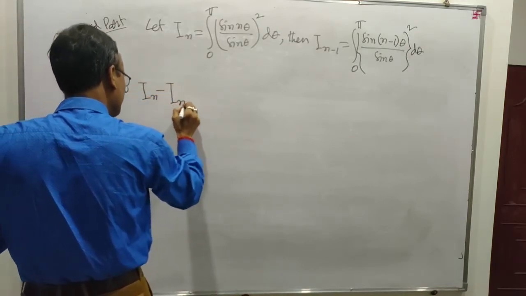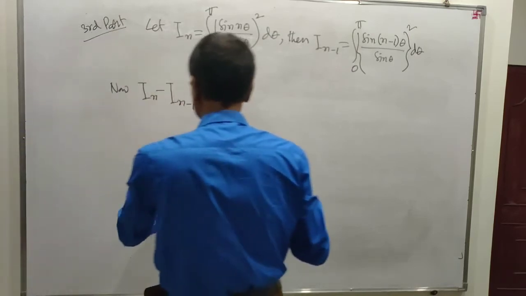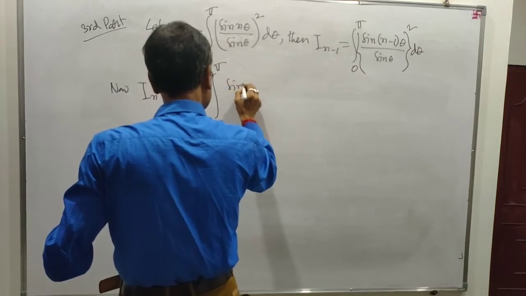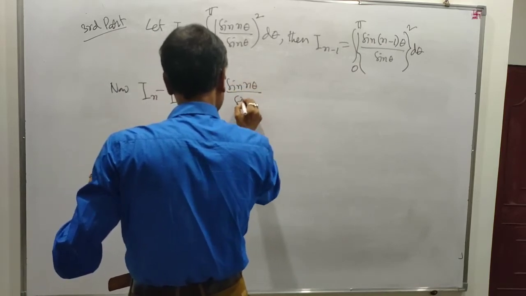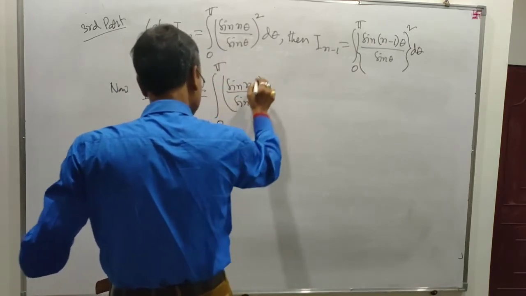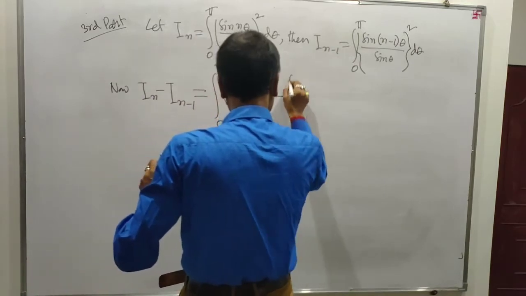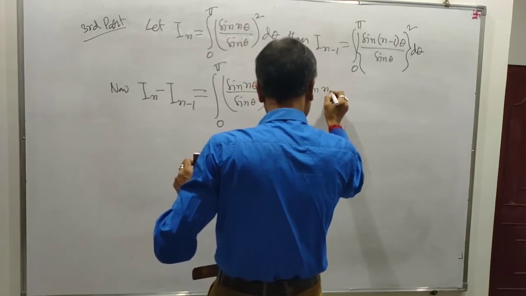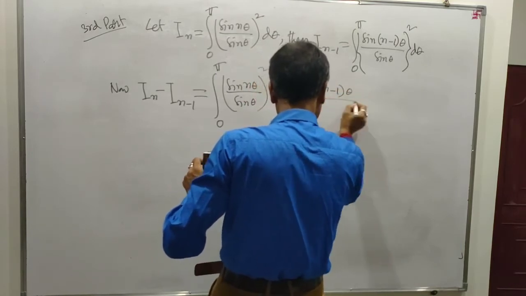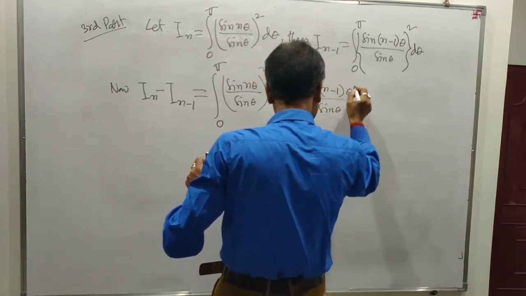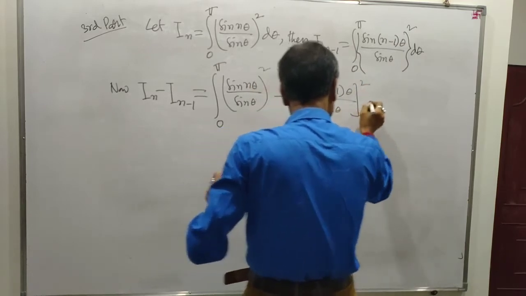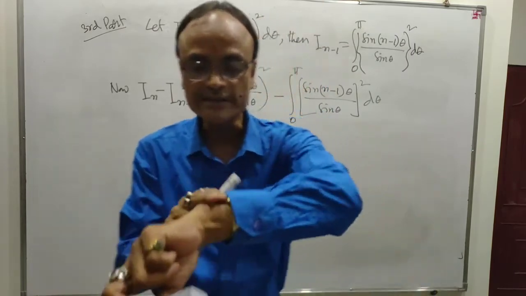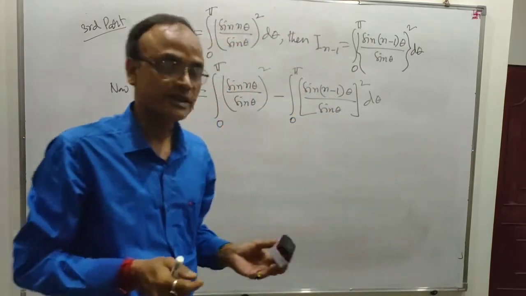Now, what is I_n minus I_{n-1}? It is integral 0 to pi of sin n theta divided by sin theta, whole square, minus integral 0 to pi of sin (n minus 1) theta divided by sin theta, whole square. So I_n minus I_{n-1} will be equal to this.